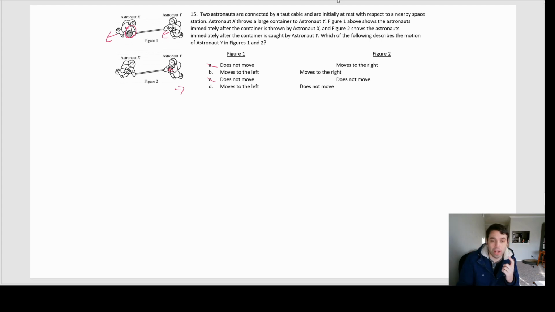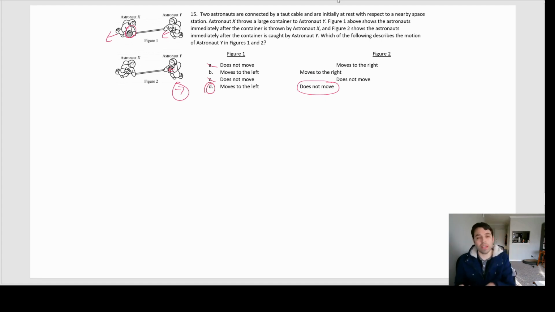That means the can stops, because astronaut Y catches it. Remember astronaut Y was moving left, but he just had an impulse applied to him to the right. So what's going to happen? It's going to cancel out. The impulse to the right is going to cancel out his velocity that was to the left. So he's going to go back to where he was initially before any of this ever happened, which was at rest. So now he's not moving. So the answer is D.